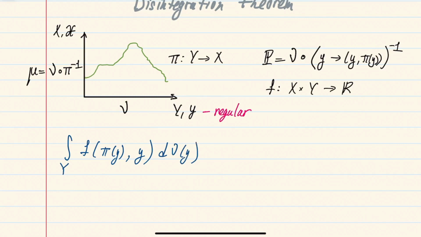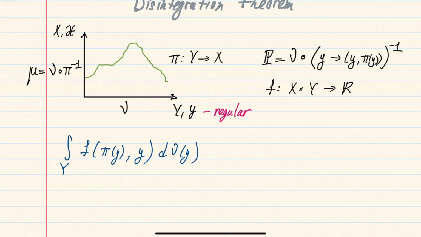So in this starting integral, the space x is implicit. It's just a space where this function pi is mapped. And suppose that we want to fix for a second this function pi and integrate first in the coordinate y. This disintegration theorem that we will now write down is just an immediate consequence of the above theorem, because here I assume that y is regular, and as a result we know that this transition kernel exists.